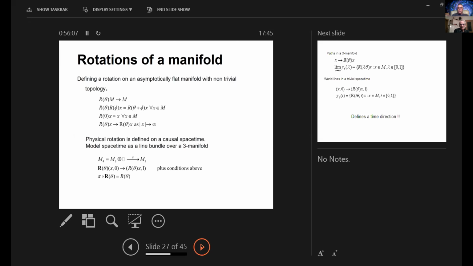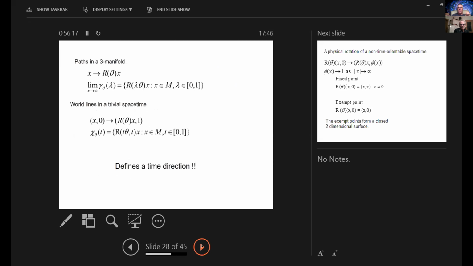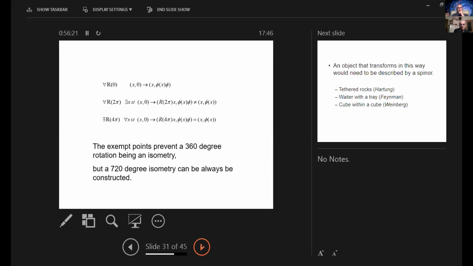So if you're not time orientable, you can't necessarily do that. There may be some symmetries that make things equivalent, but in principle, you can't do that because it would define a time direction everywhere.